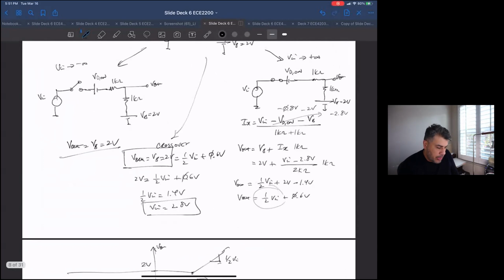And you had the question about the minus 2.8 volts. This is minus 0.8 and a minus 2, so I'm just doing the math.